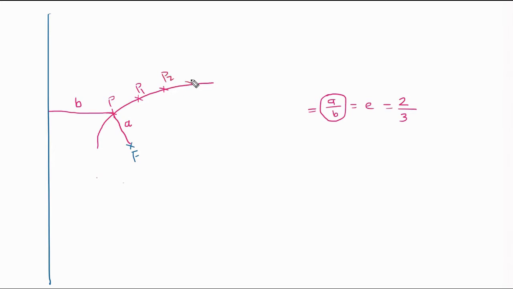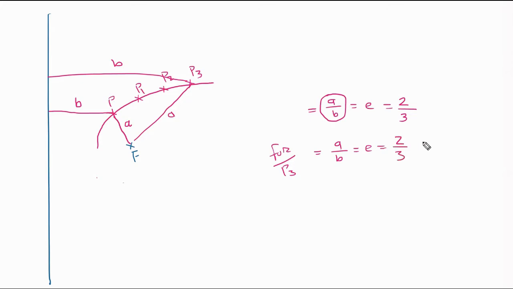P1, P2, P3, if you consider any point, say for point 3, the distance from focus will be this, that is A, and the distance from directrix is this distance, that is B. So this ratio should be common for point 3 also, means for all the points on the ellipse, that ratio should be A by B, that is nothing but the eccentricity.